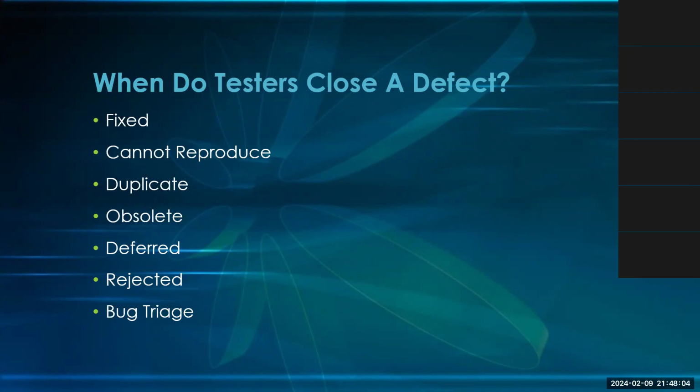The stakeholders, the BAs and all that, will then decide which one to go for: the one that is essential, the one they need most now. So bug triage is the process whereby reported bugs are prioritized and categorized based on their severity, impact, and other relevant factors.